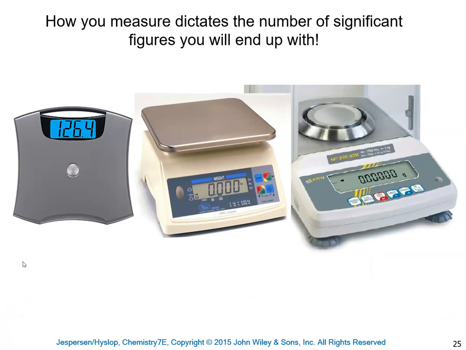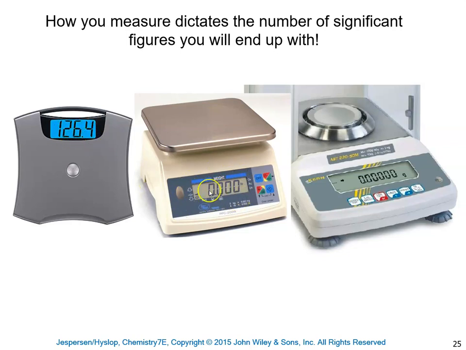So there is a term called significant figures or significant digits. And these are telling us how precise our instrument can be. If we look at these 3 different scales, we'll notice that this first scale can have 4 digits, right, and 1 after the decimal point.